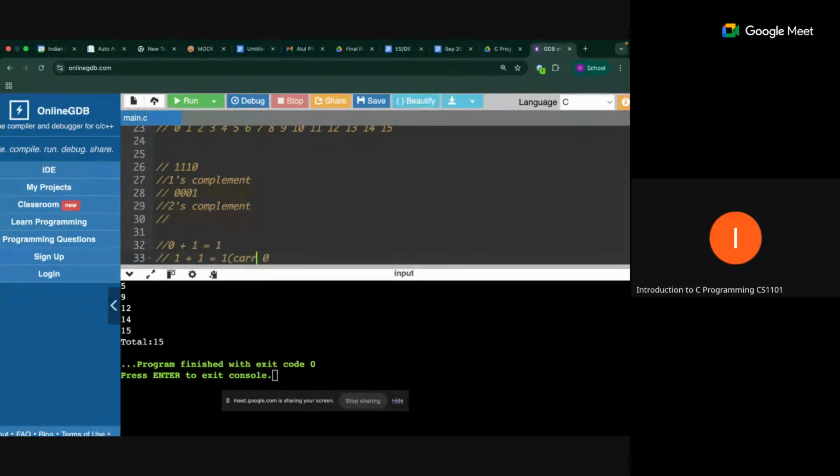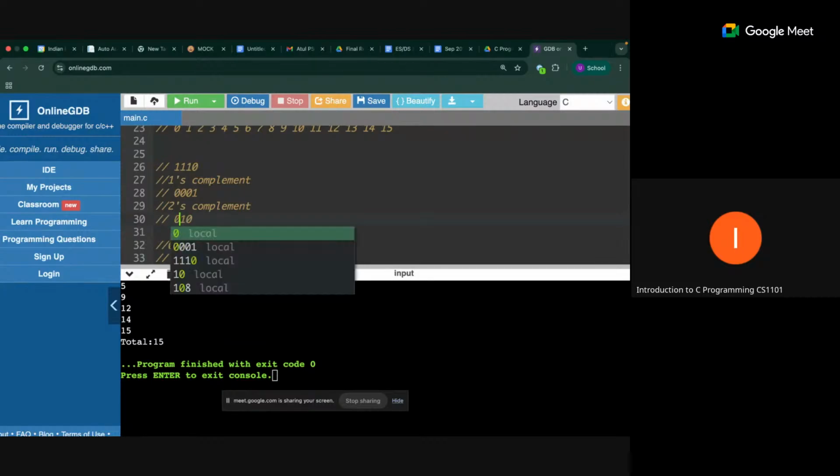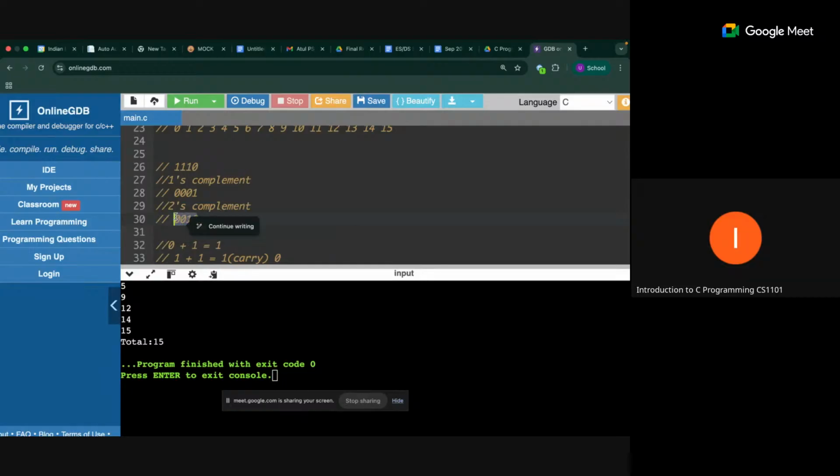So here if I add 1 and 1, I take the 0 and carry forward the 1. So 1 plus 0, I get 1. The remaining values are 0. So this is the 2's complement of the given number.